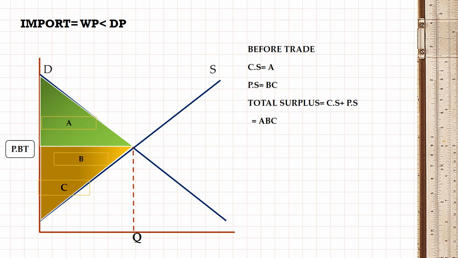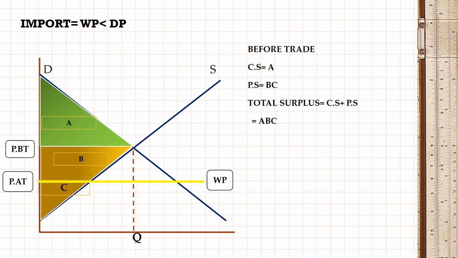So before trade, the consumer surplus is A. The area above the price and below the demand curve is A, whereas producer surplus is the area below the market price and above the supply curve. So it's BC. You sum it up, you get total surplus, which is A, B, and C. And as you're offered a lower price for a particular commodity, you will choose to import.